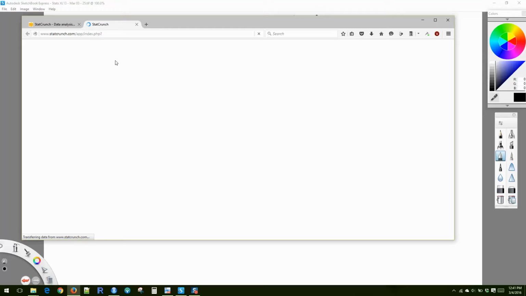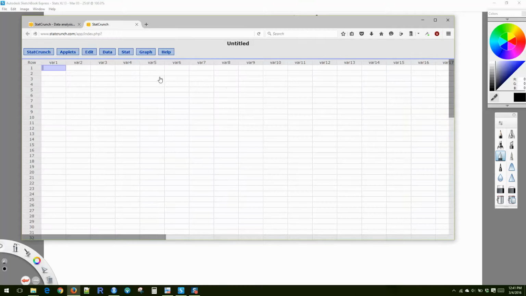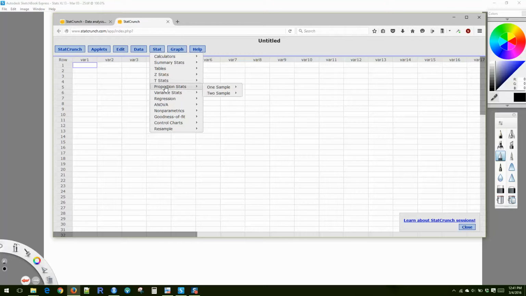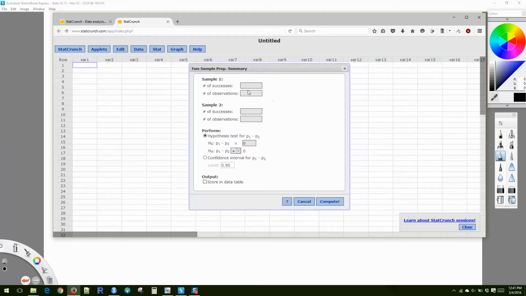Okay, so in StatCrunch, the way we would do this is we would go to the menu Stat, then we would go to Proportion Stats, 2 Sample with Summary, okay? Proportion Stats, 2 Sample with Summary, all right?